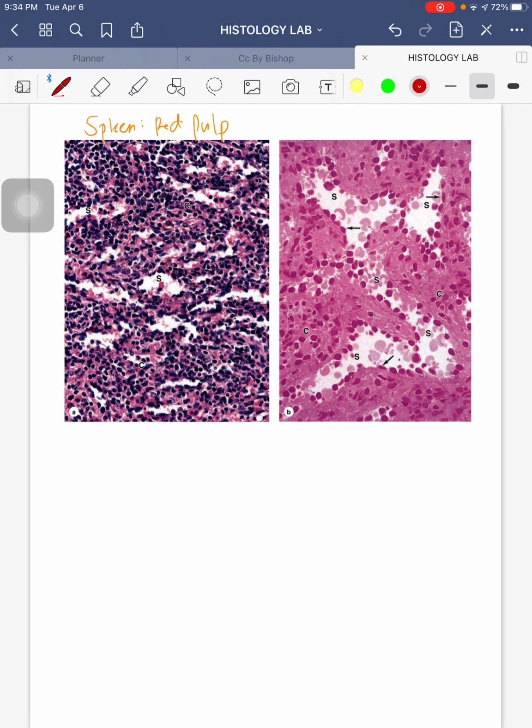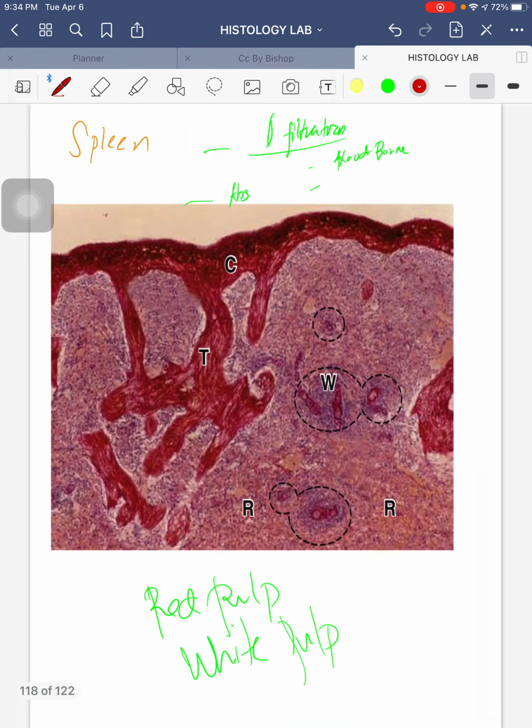So the red pulp is a different region. We discussed the white pulp now. Even you can see it here, that this is a central arteriole. Now we'll discuss the red pulp. The red pulp mainly consists of your splenic cords of Billroth and your splenic sinusoids.